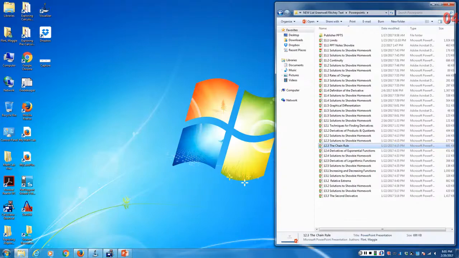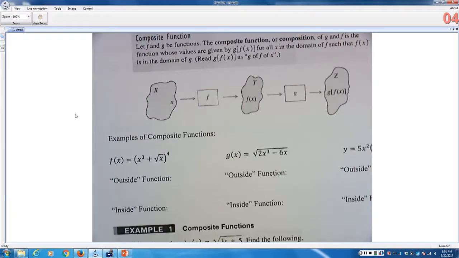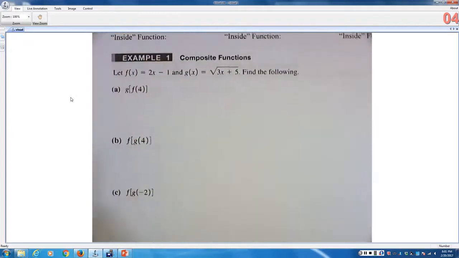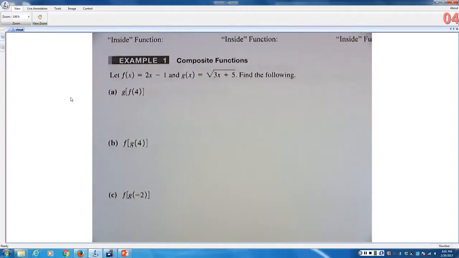Let me leave the PowerPoint here for a second, and we'll go to the side here and actually work a few of these, because I think that's the best way to learn how to do these.